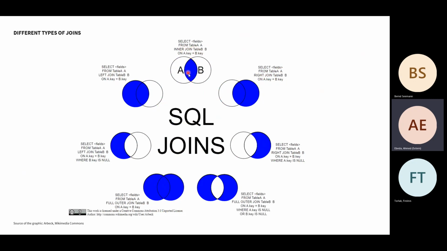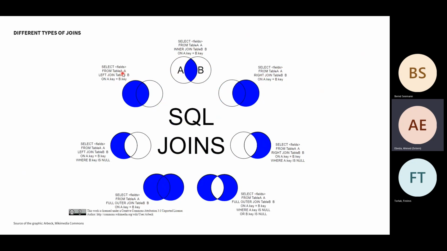For an inner join, you need to select the one having data in A and B, the intersection, on A.K equals B.K. Like the data from A or the ID, the foreign key in B with the primary key in A, or the other way around. It doesn't matter because it's an inner join.